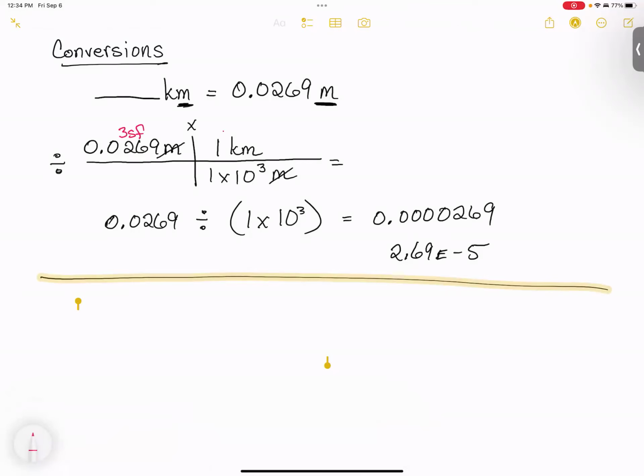The 1 kilometer to 1 times 10 to the minus 3, those are exact, which means they have unlimited number of significant digits. Since the measurement with the fewest had 3 significant digits, your answer is only allowed 3 significant digits.